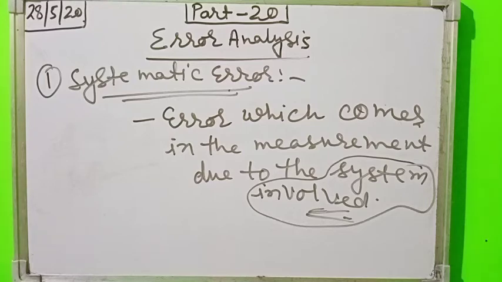These are the various systems involved in your measurement, and if there is any imperfection or malfunctioning of any part of the system involved in the measurement, then the error which comes in the measured value is called systematic error.